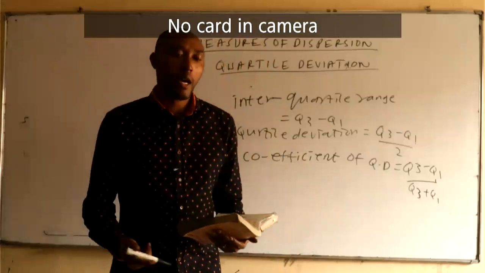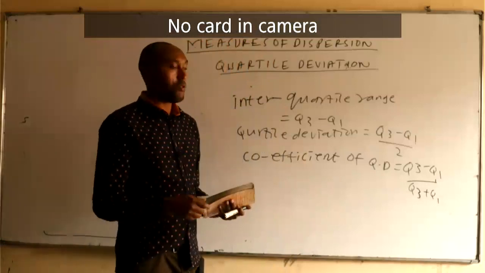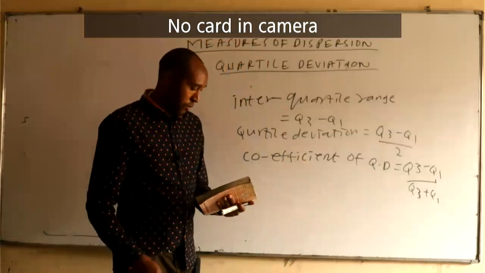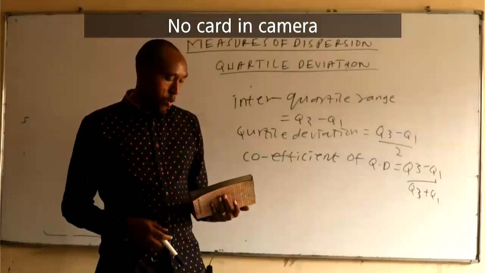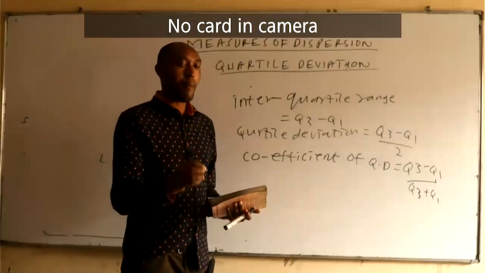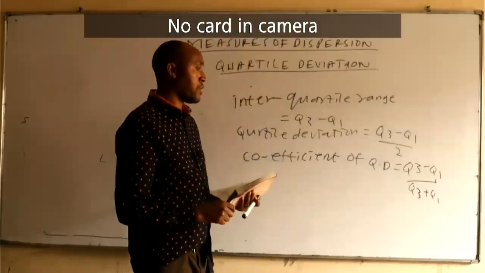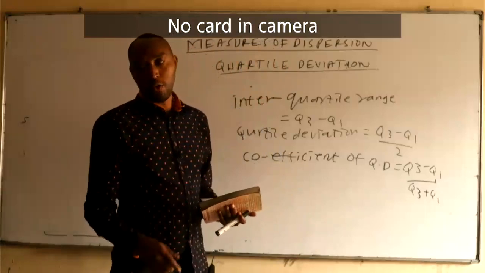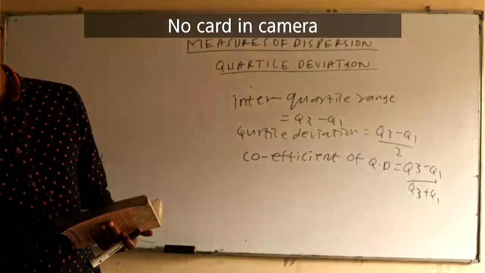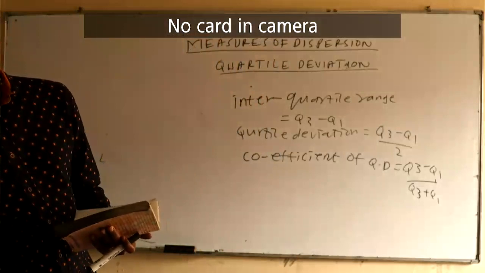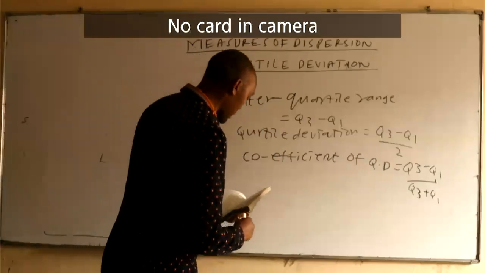Once you do your calculations, if you get a small figure for the quartile deviation, it describes high uniformity or small variation between Q1 and Q3.